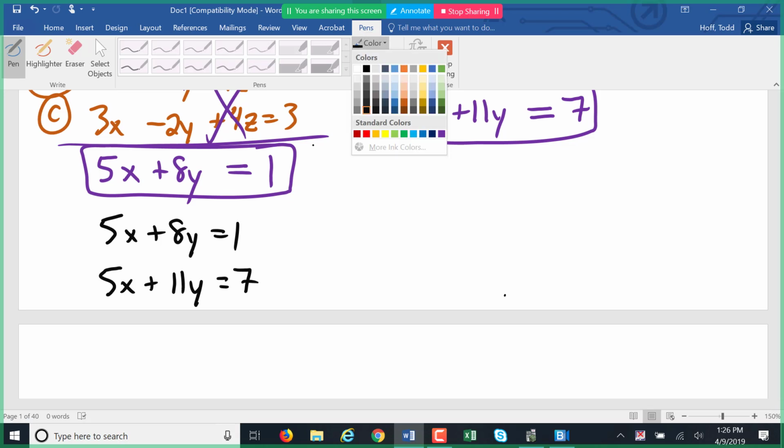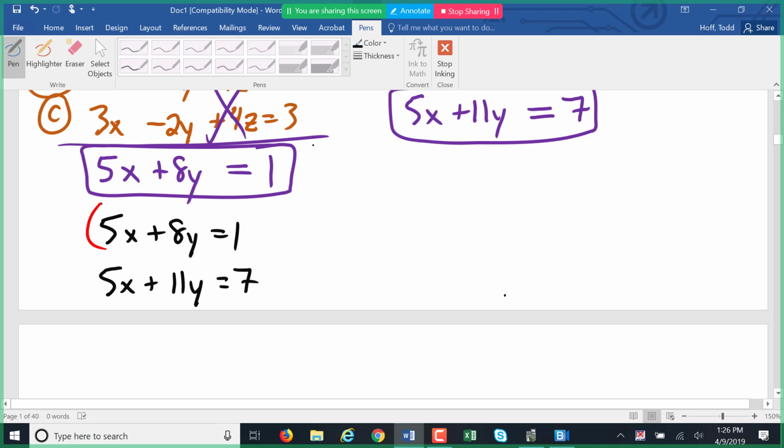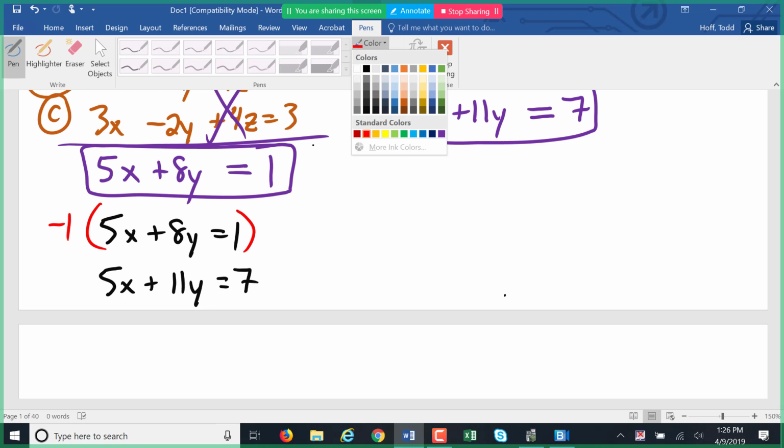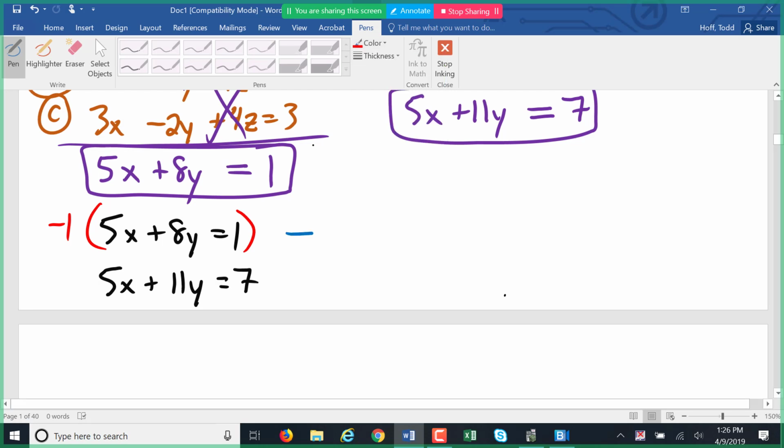I am going to multiply this top equation by negative 1. Since both equations have a 5x in them, if I multiply that by negative 1, it'll give me a negative 5x, which will cancel with the positive 5x. So negative 1 times 5x is a negative 5x.